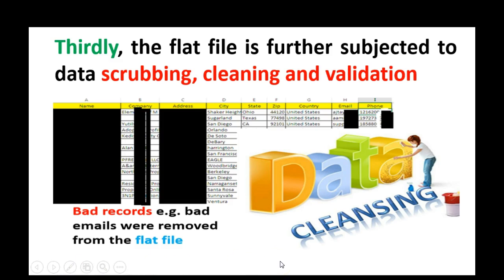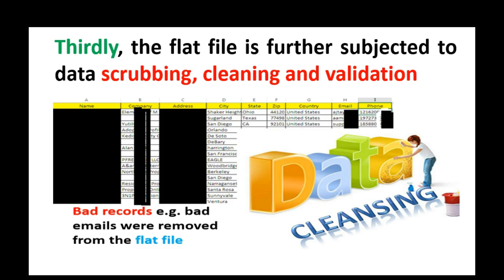Thirdly, I will subject the flat file or the spreadsheet to what I call data scrubbing, cleaning, and validation. When you receive emails from a third party, or a geodemographic database of customers from a third party or a primary source, not all the emails are good.